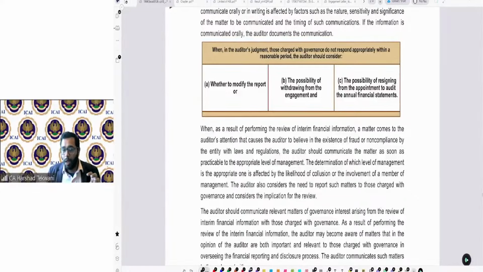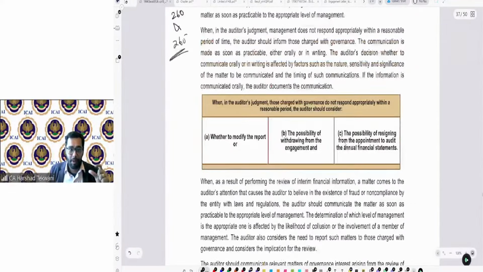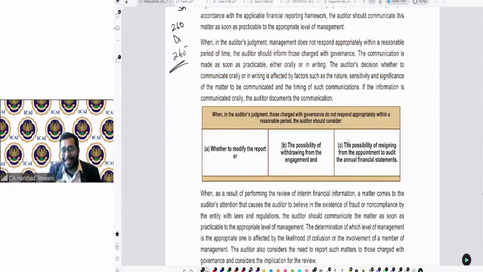So we need to understand that here we are talking about the auditor at each and every place. The auditor already has some requirements under SA that he needs to fulfill. Along with that, he needs to fulfill the requirements and responsibilities under SRE, which are all on similar lines.